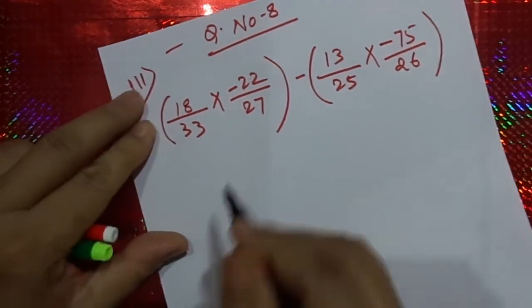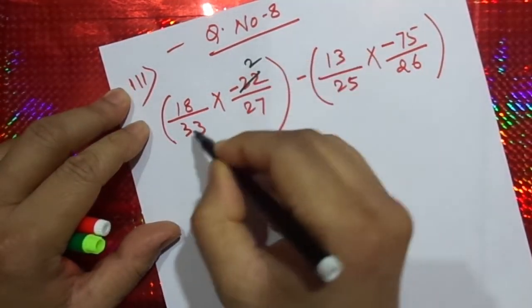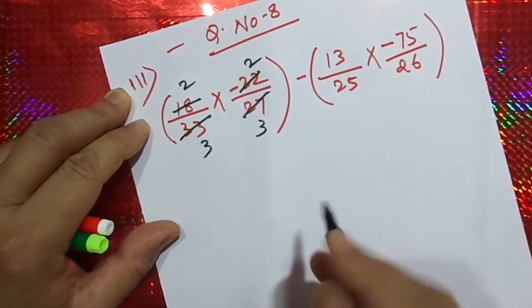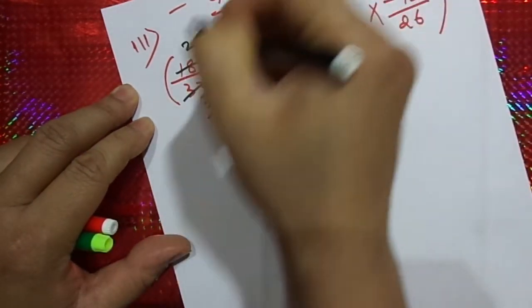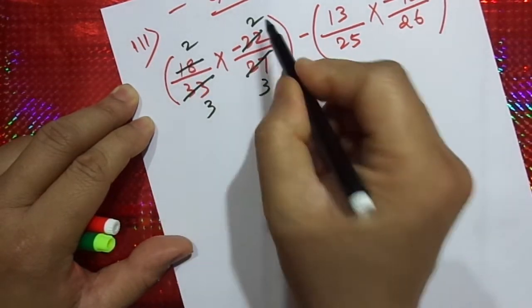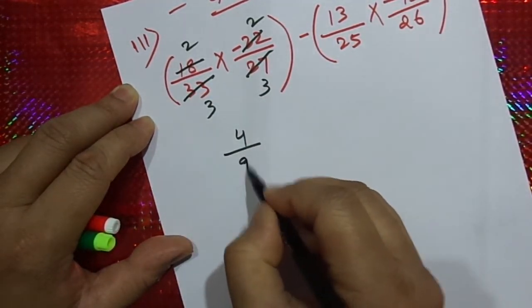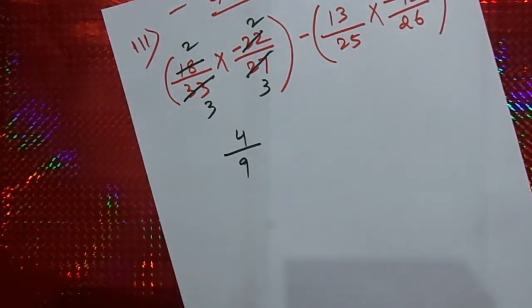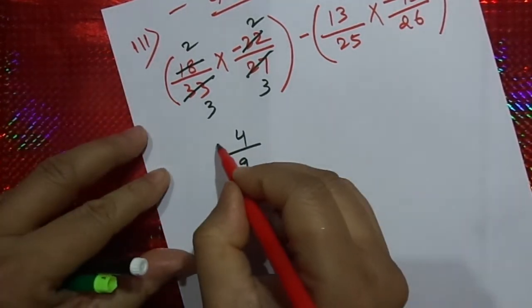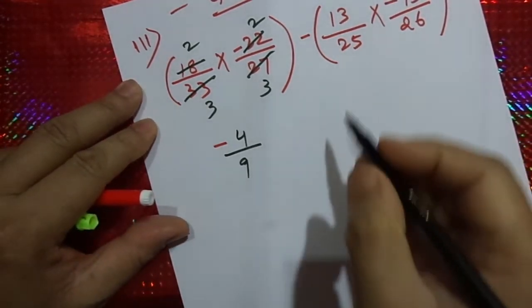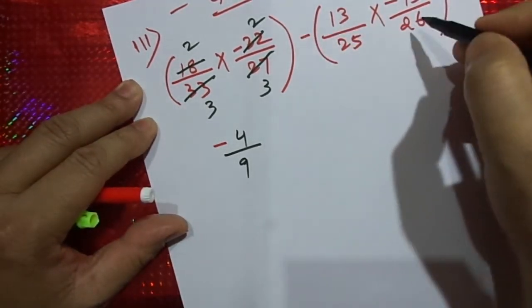Let's solve, sir. So 11 2 times, 11 3 times, 9 2 times, 9 3 times. So on multiplication it will be 4 by 9. And who will put the negative sign? Naturally you will say, sir, you. Come on. Here we have, let's solve.